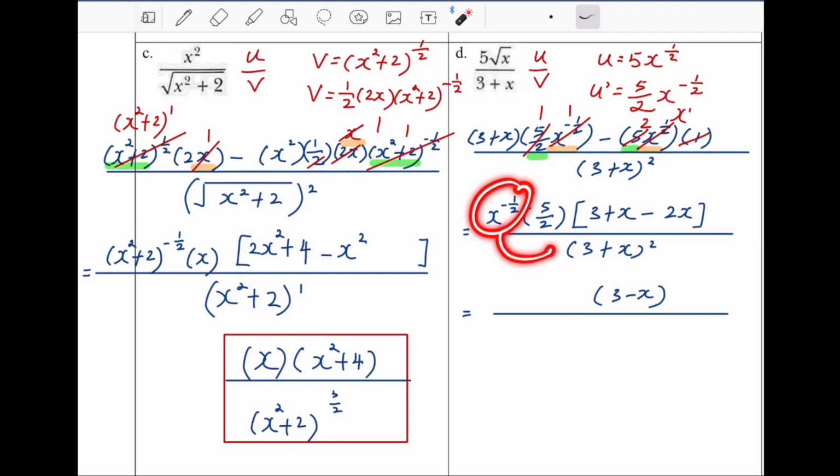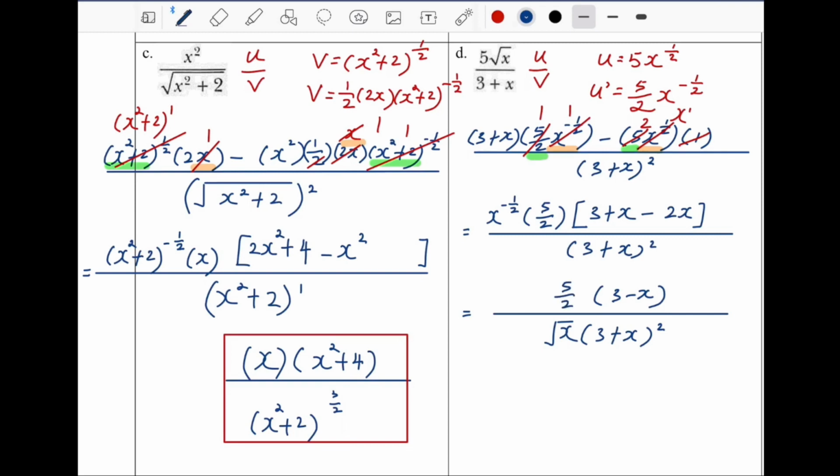So this one, bring down, make it positive index. 1 over 2 is the same as square root x. And then I have 5 over 2. Is this a final answer? No. You have a fraction in another fraction. So it's considered as not the simplest version. One more step.